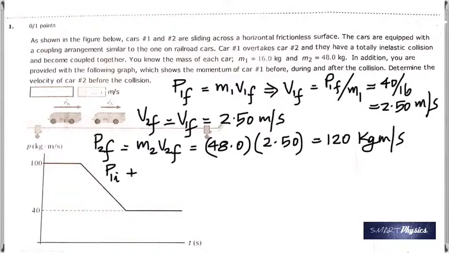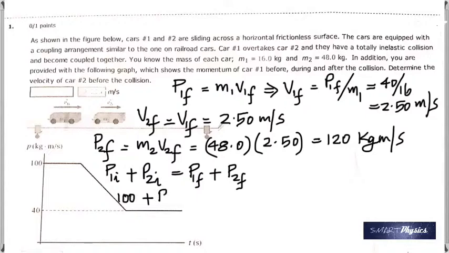Now the initial momentum of the first plus the initial momentum of the second must be equal to the final momentum of the first plus the final momentum of the second. That is the law of conservation of momentum. Now the initial momentum of the first one is 100.